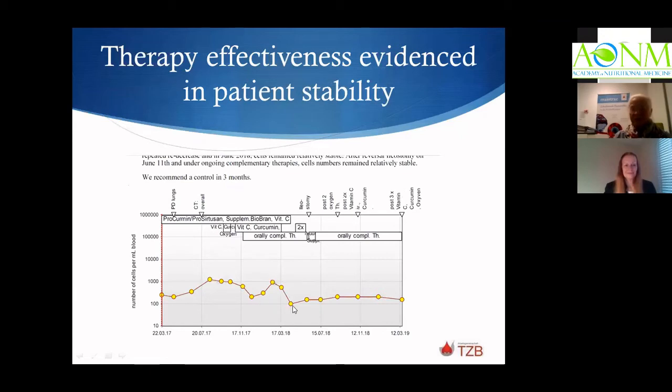After this decline, the patient had a stable number of cells over more than 1 year tested, and still has upon treatment with, in this case, curcumin and vitamin C. And the patient was also in complete remission.